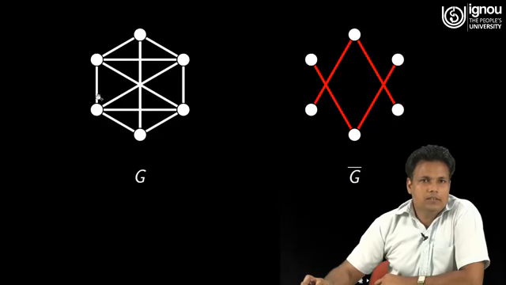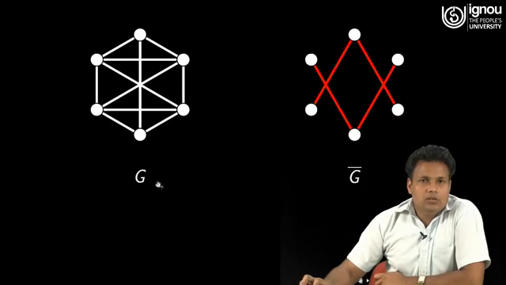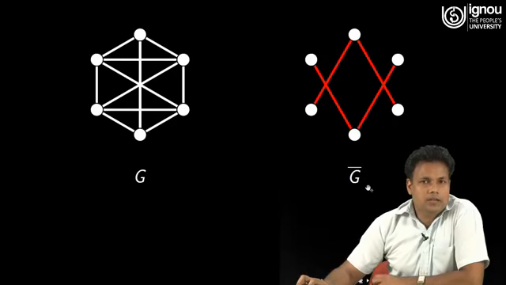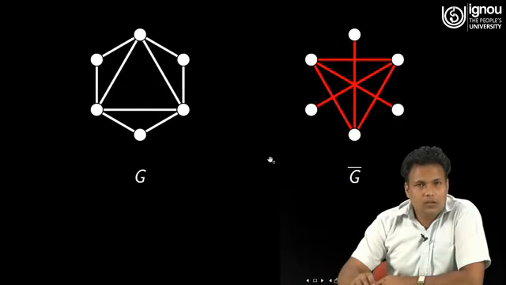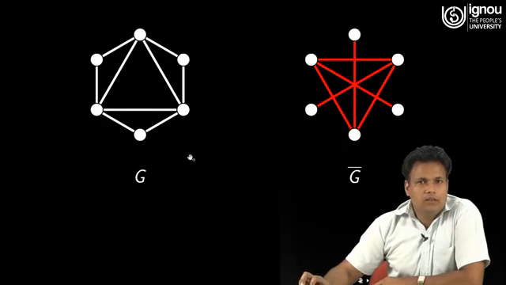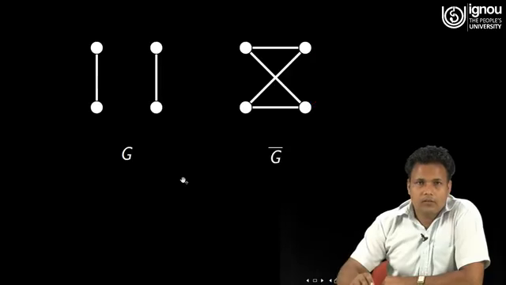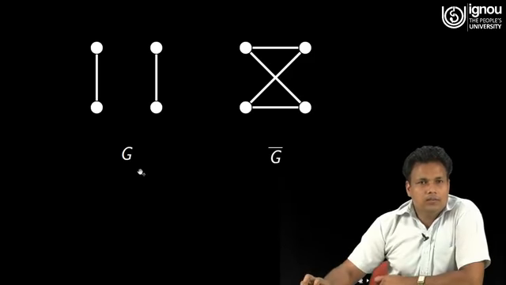Likewise, these two edges are missing here and they are present in G bar. So, we can see that here G is connected, but G bar is disconnected. Look at this graph. Here both G and G bar are connected. Look at now this graph G. Here G is disconnected, but its complement is connected.